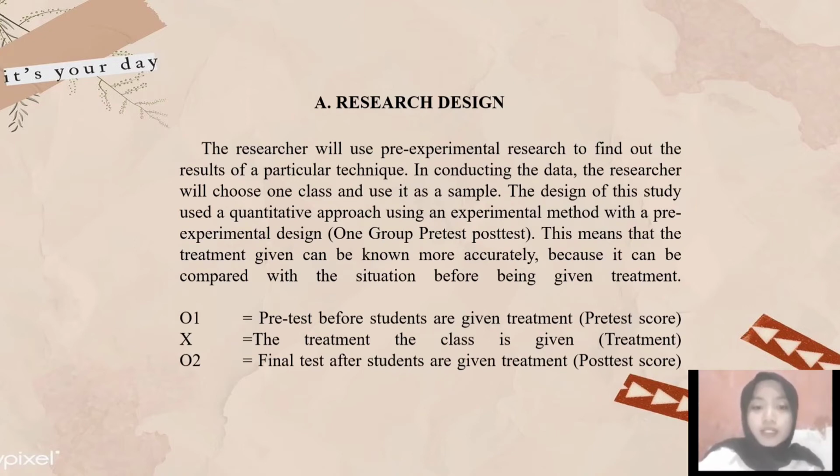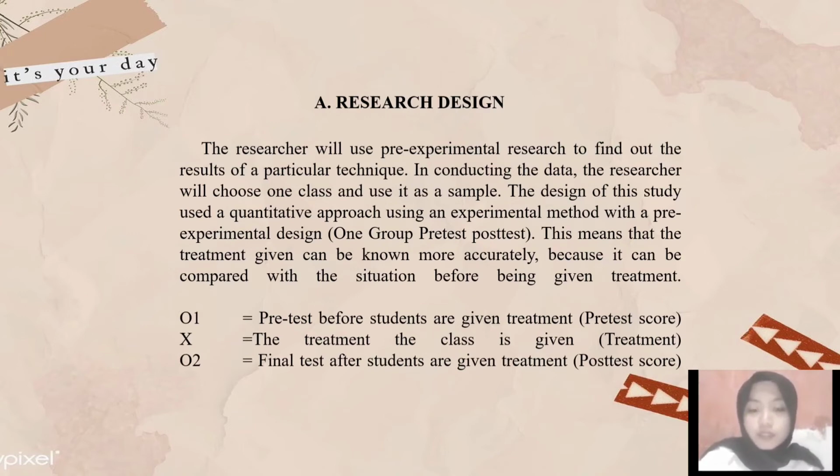This means that the treatment given can be known more accurately because it can be compared with the situation before being given treatment. This class will conduct a pretest at the first meeting to determine the students' rating scale.